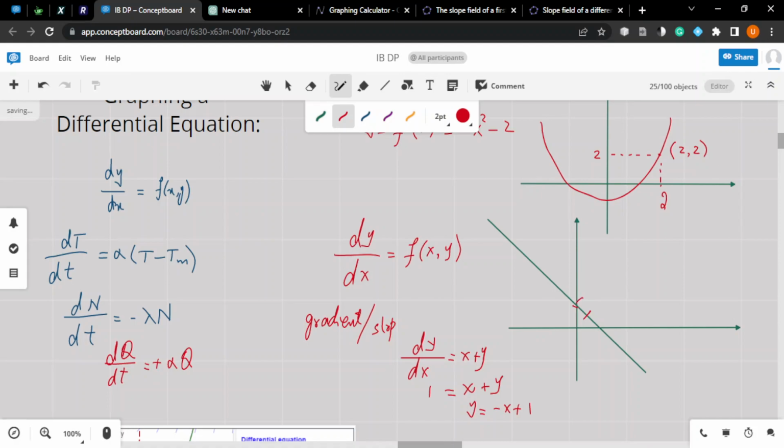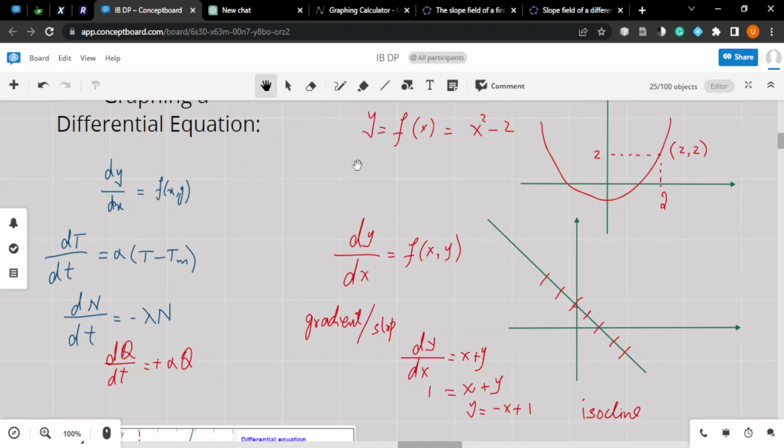So over here the derivative is 1, meaning the gradient at this point is equal to 1, right? This straight line where all the gradients, all the slopes are exactly the same is known as an isocline. Iso means same, so same slope on this line.